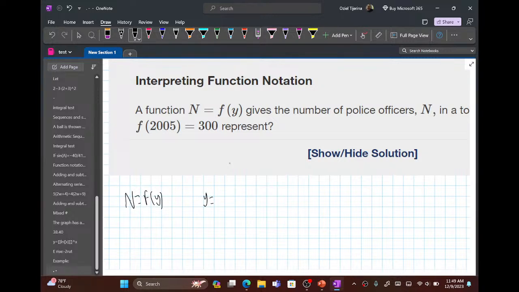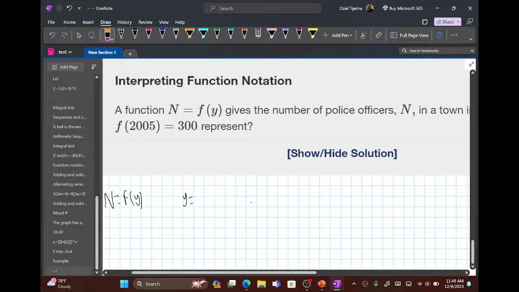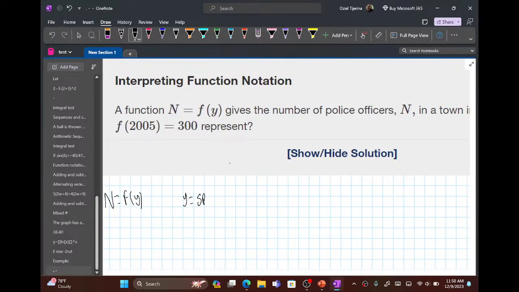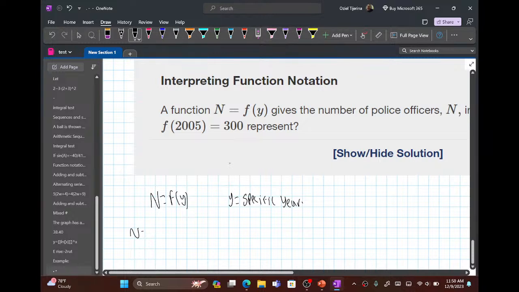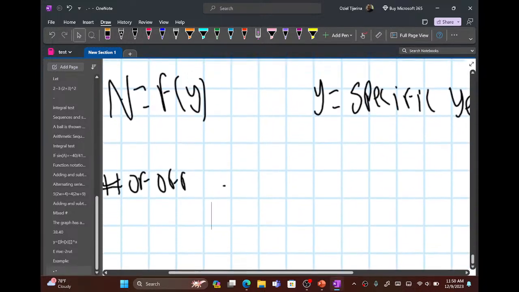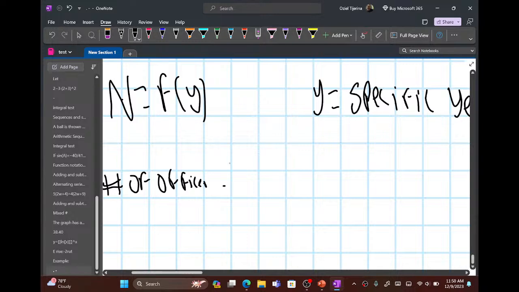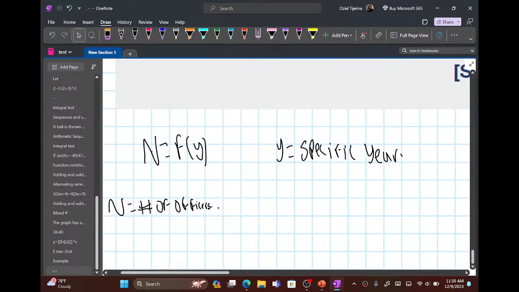And y, we know, is the year, the specific year, and n is the number of officers. Sorry for my handwriting, guys. So n is the number of officers, y is the specific year.